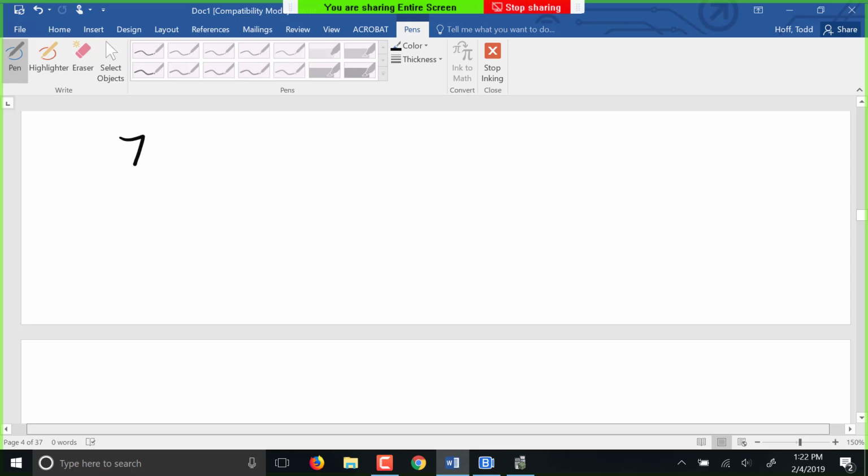We might have 7x minus 2 is less than 3x plus 12. Now, just like any of our equations, we follow the same steps.